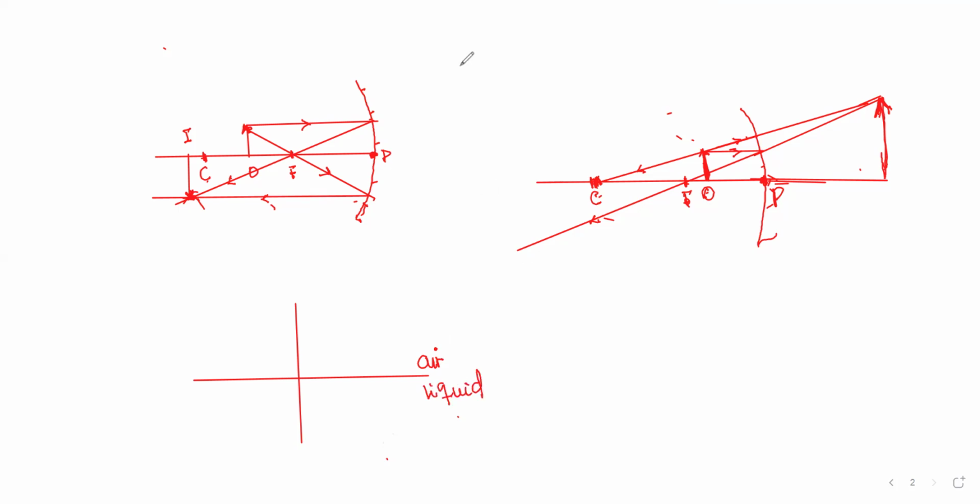Liquid. So light passes from air into a liquid and is deviated through 19 degrees when the angle of incidence is 52.